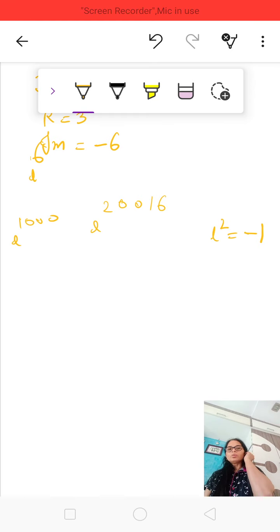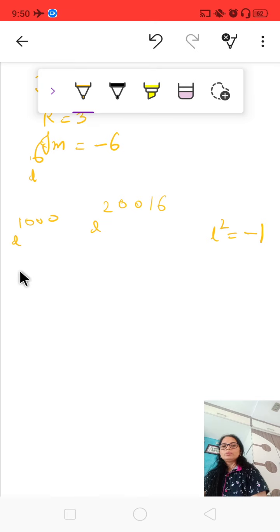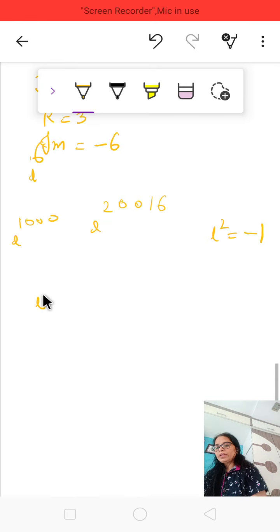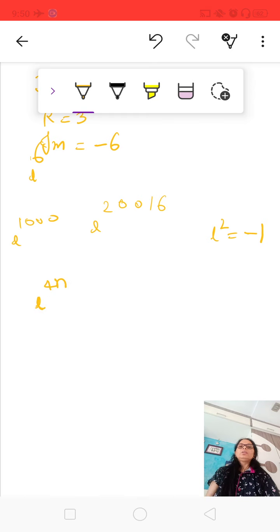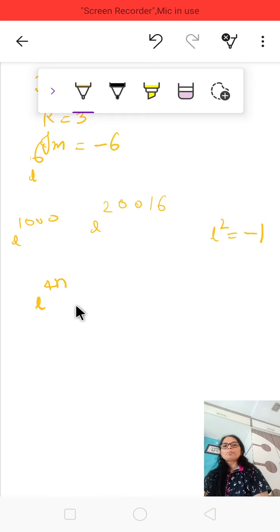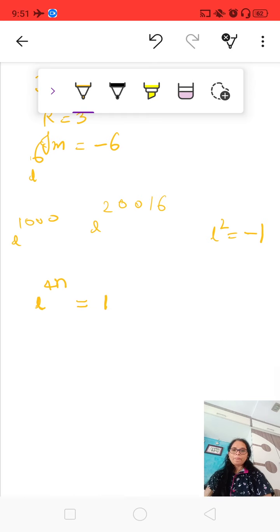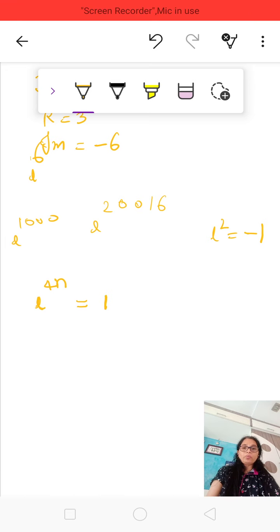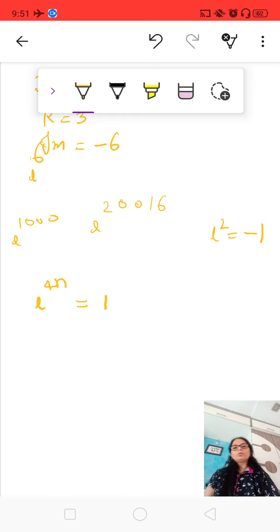So for that purpose we have some rules. When i is raised to 4n, whatever the exponent of i is, if we divide it by 4 and your remainder is 0, then the answer is always 1. We will take the sums on the basis of this. Whenever you divide the exponent by 4, and if the remainder is 0, then your result will be 1.